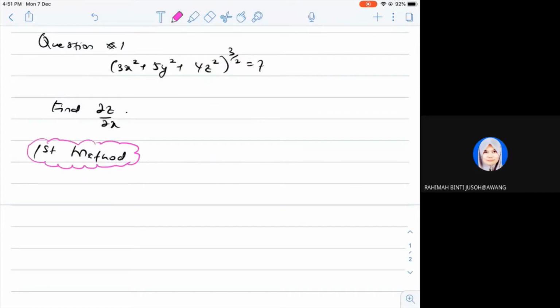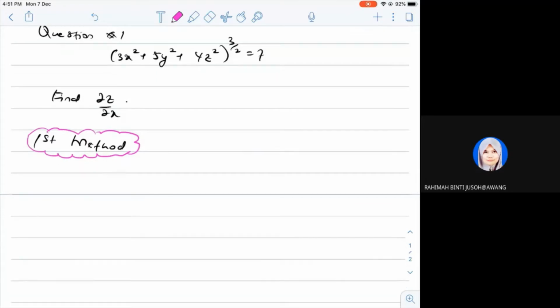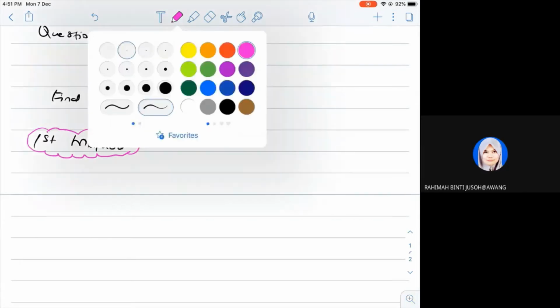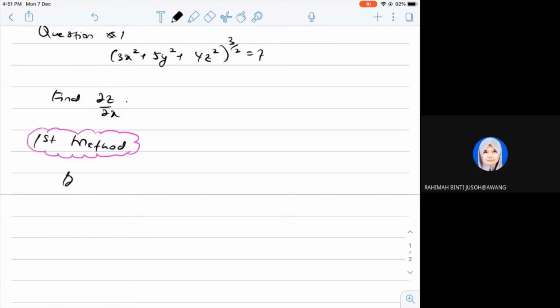The first method is by using direct differentiation. We differentiate both sides with respect to x, because the question asks for del z del x.